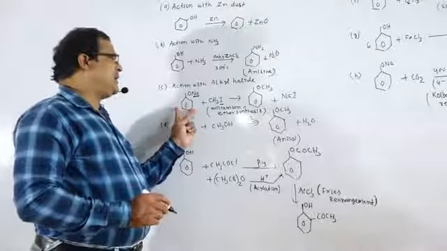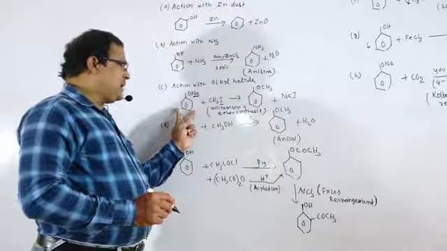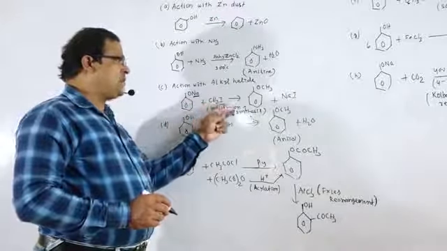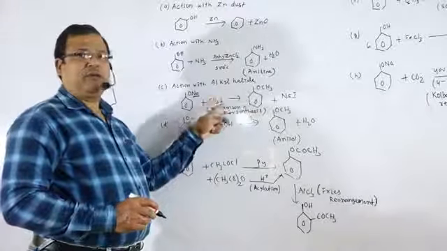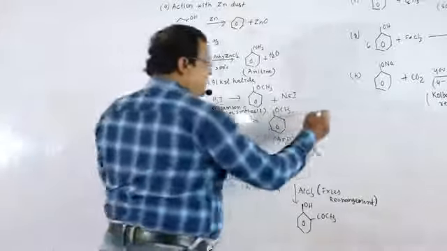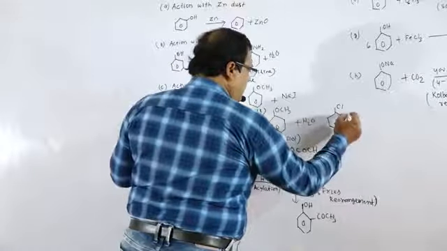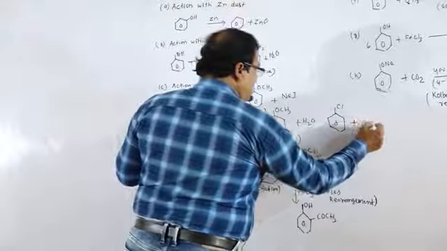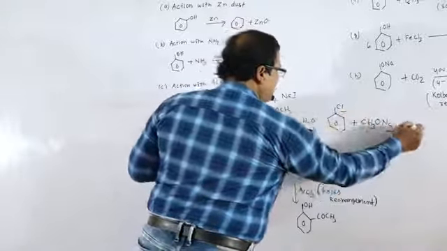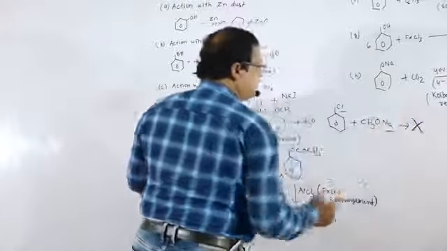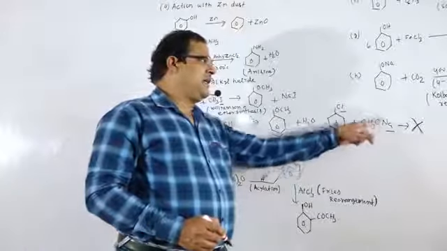This is regarding the action with alkyl halide, sodium phenate reacting with methyl iodide, giving methoxybenzene. But this methoxybenzene cannot be prepared by the action of benzene attached with chlorine or bromine or iodine with CH3ONa, giving NaCl, because there is no chance of formation of this product. The benzene ring attached to OCH3 cannot be obtained.